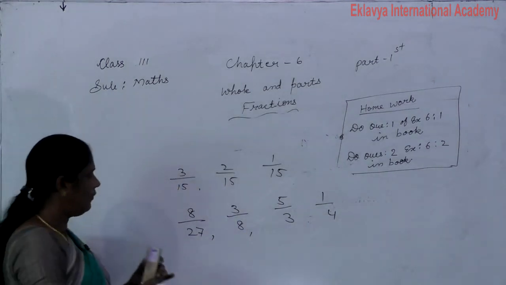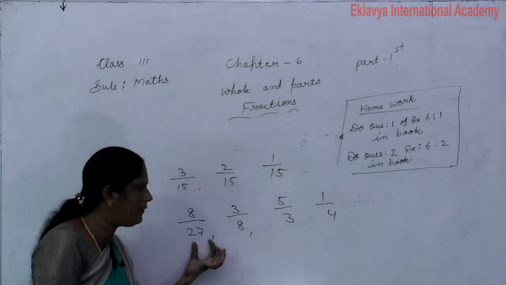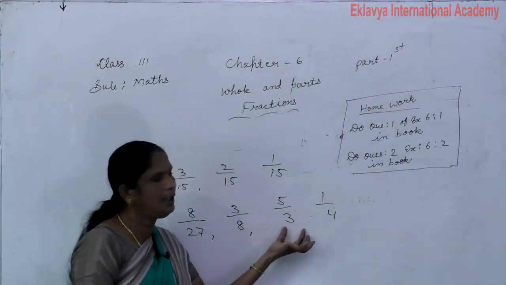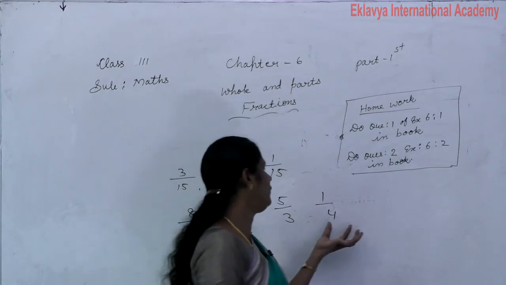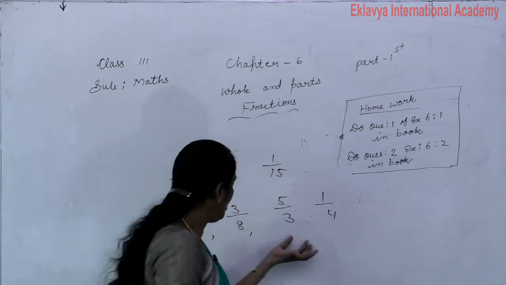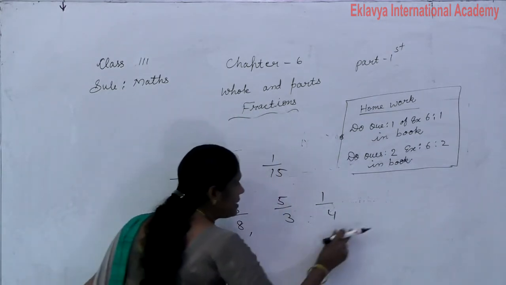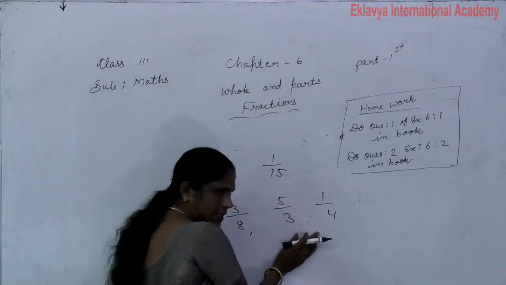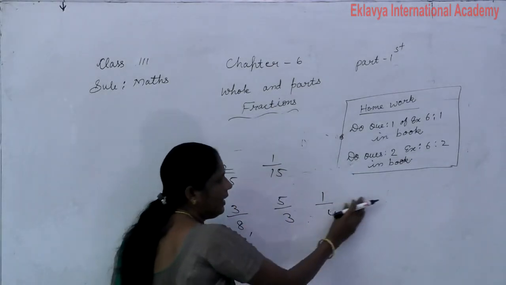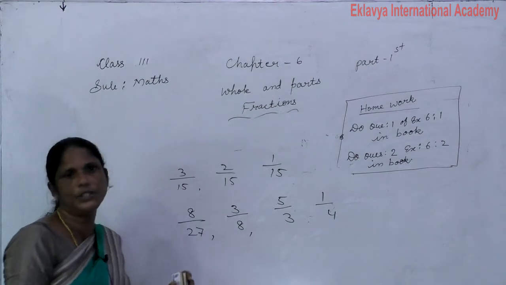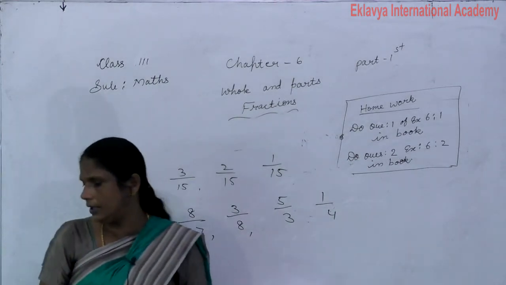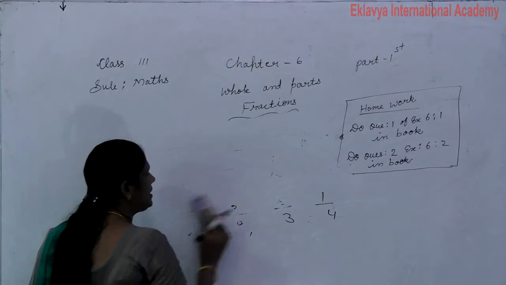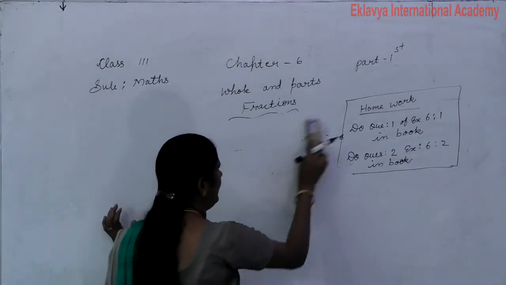Look here. First denominator is 27, second denominator 8, third denominator 3 and fourth denominator 4. Here all denominators are different. Which fraction is this? Unlike fractions.